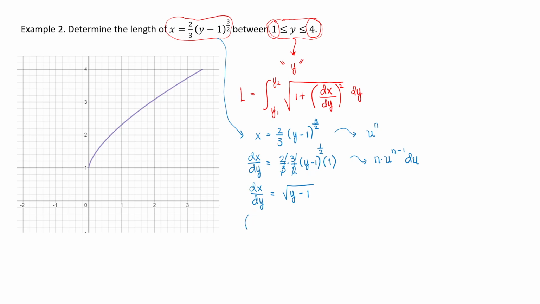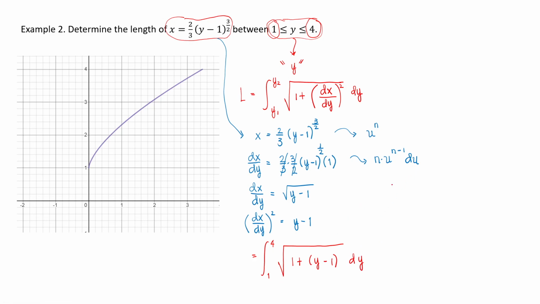So getting the square of dx over dy, cancelling out the radical expression, what's left is y minus 1. Plugging in the different values, you're going to have from 1 to 4, the square root of 1 plus dx over dy squared, which is y minus 1, dy.